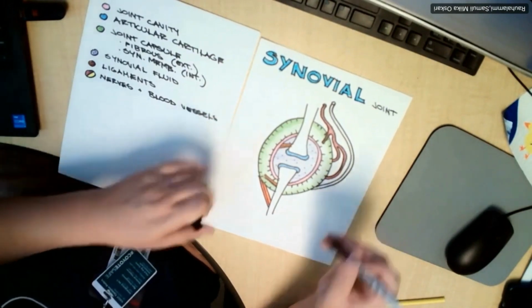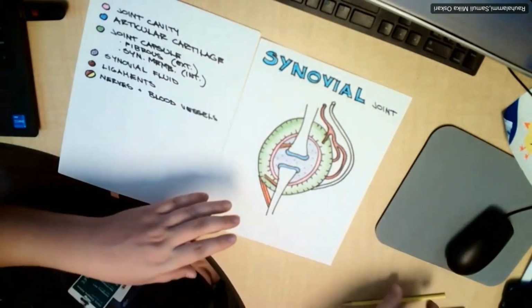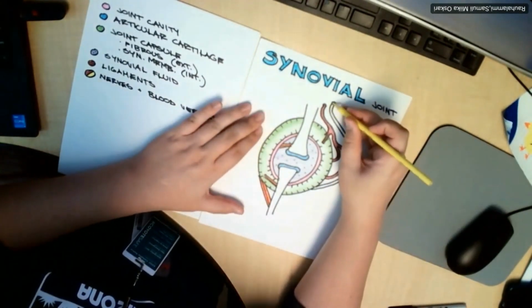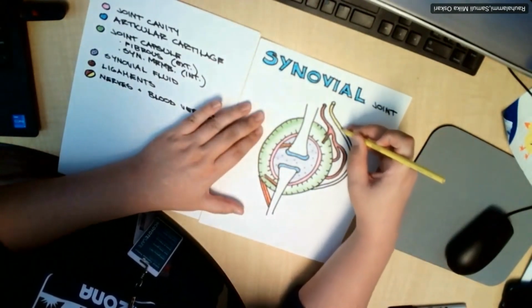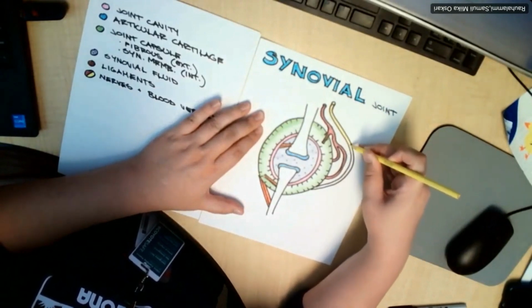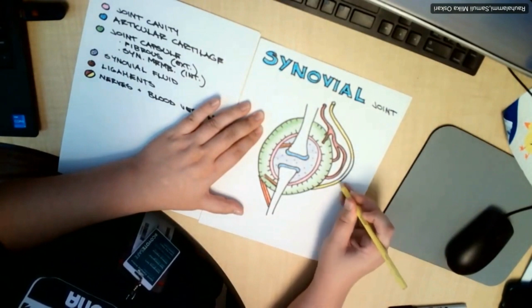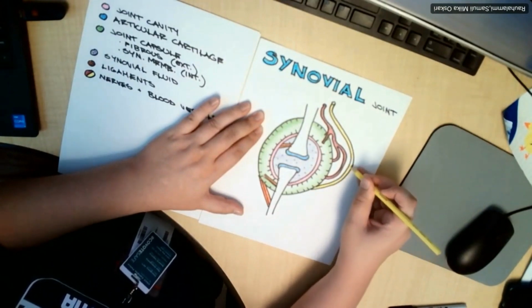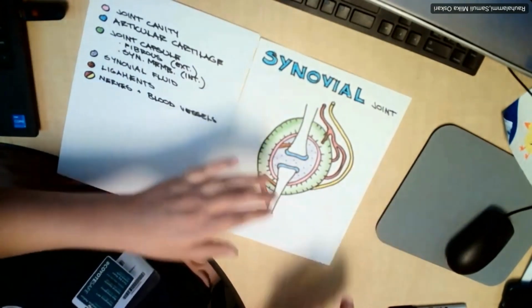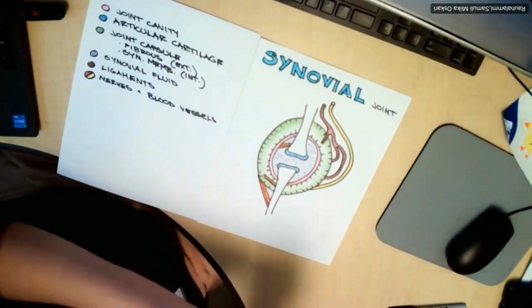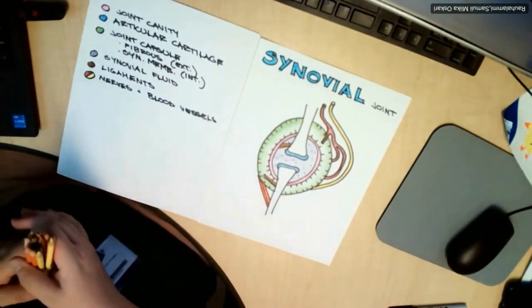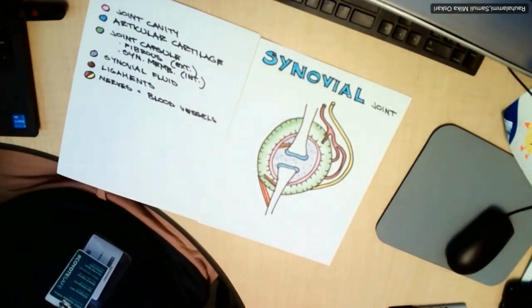I'm adding one nerve there. Obviously, there would be others in multiple locations, but this is a schematic diagram to highlight some of the most important structures that we will see. I think that's a rather nice one to illustrate that point.